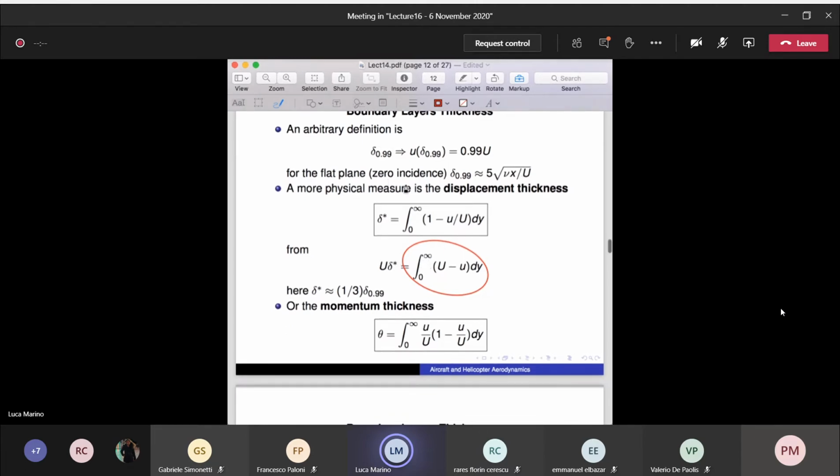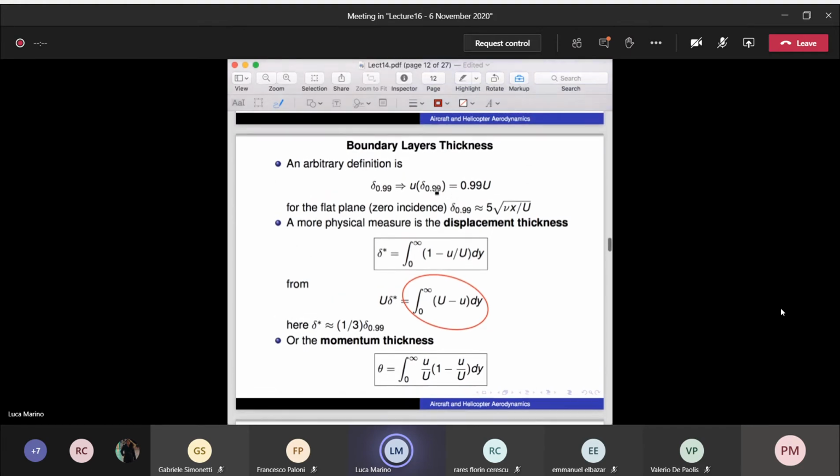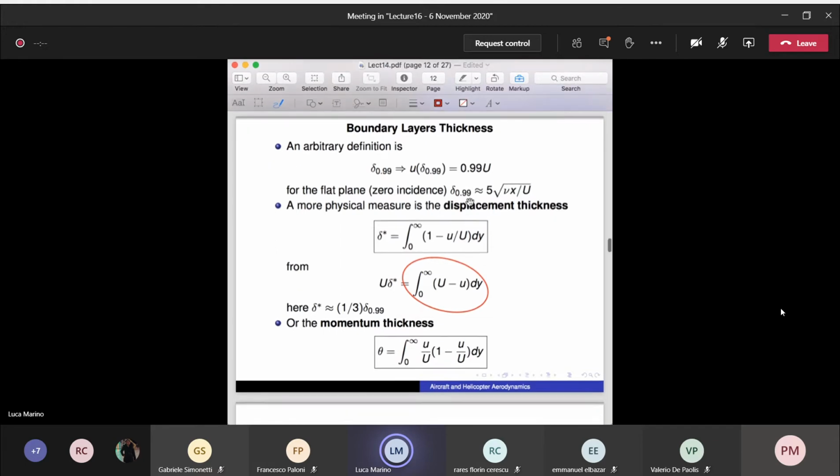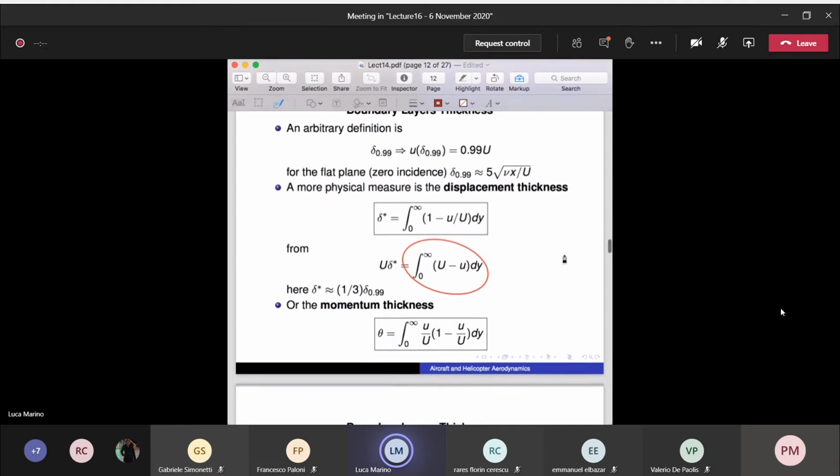Instead, for the same problem, delta star for this same flat plate at zero incidence is around 1/3 of this one. So different definitions of thickness will give different values of the thickness, okay? So in general, the displacement thickness is the most used, most adopted.